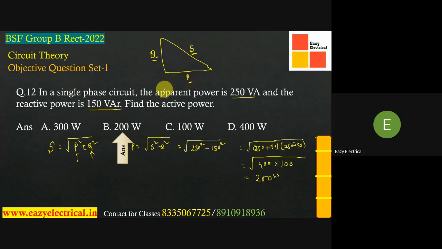So from this you can get the idea how to determine the value in this way. Another form of S is P plus jQ. You can also write it this way. This is the rectangular form of representation, right?